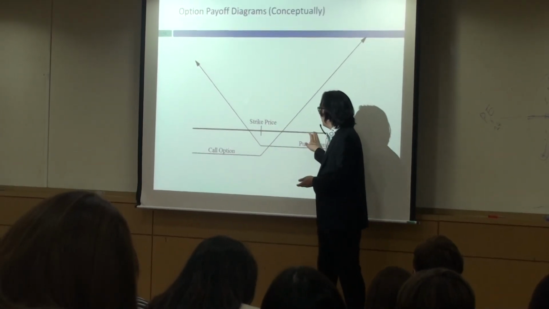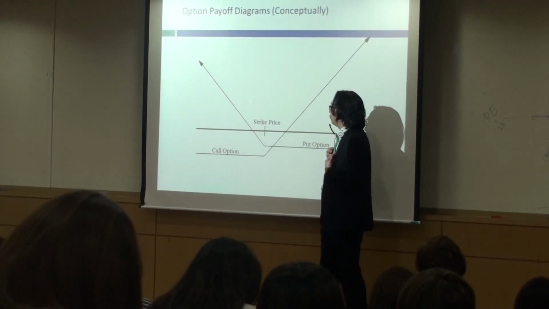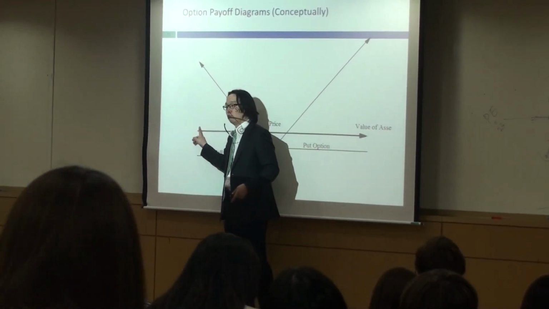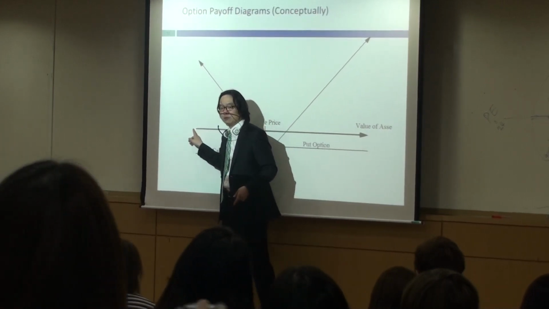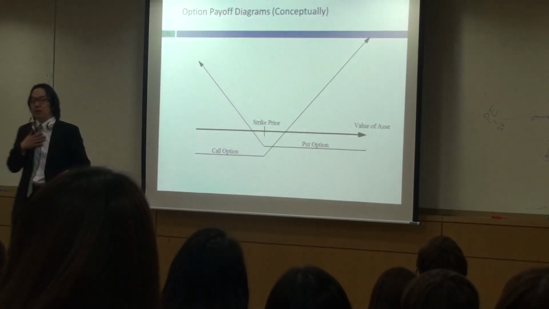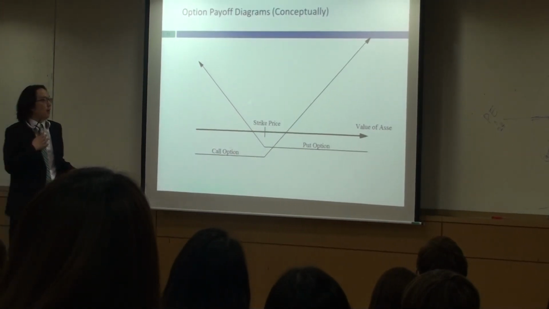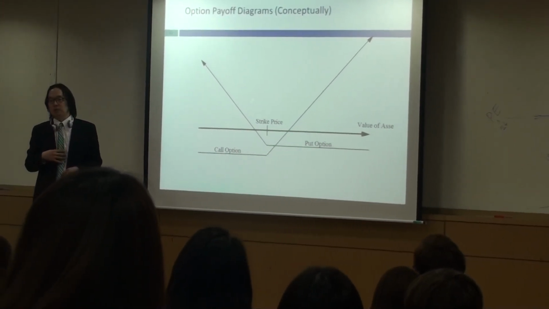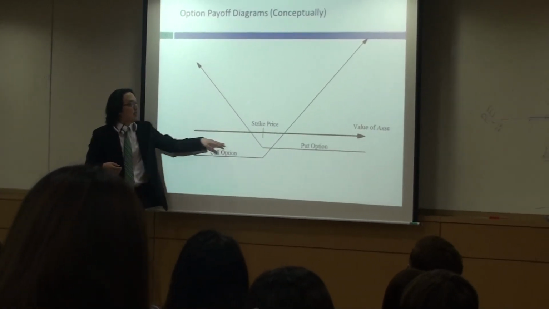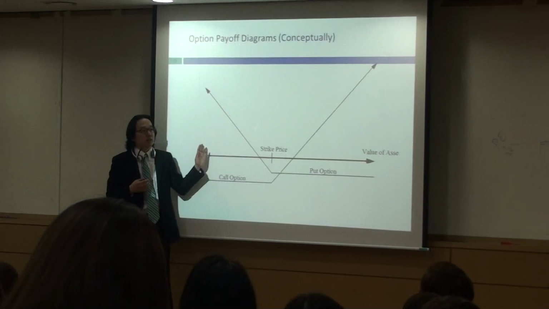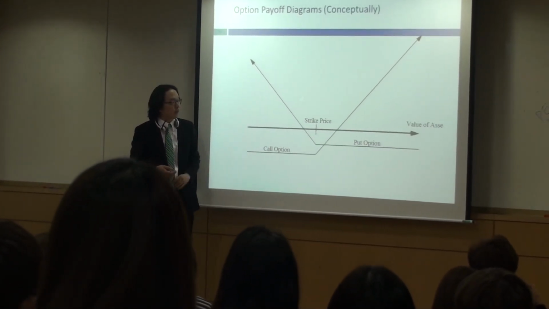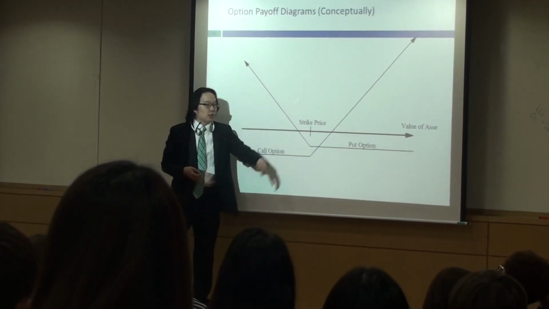Then I have the right to sell it at $100. What if the price goes down to $10 or so? Tanking, wow. Then that saves my day. And the put option seller must be screwed, because I can sell it at $100, whereas in the market it must be $10. The difference is my gain. That's the idea of a put option.